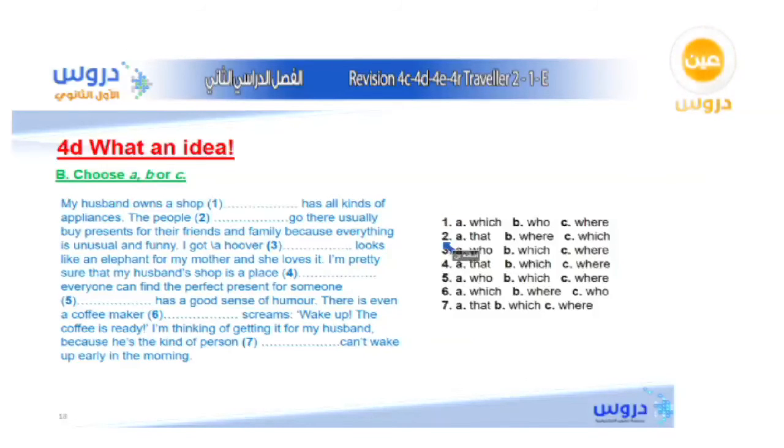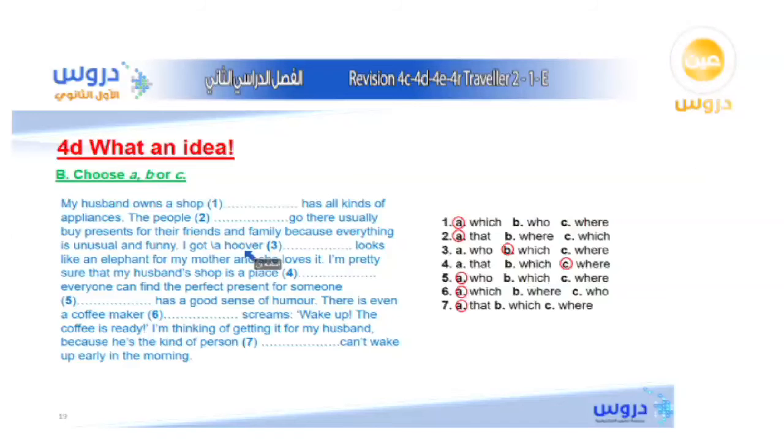Also here, from number 1 until number 7, you have to choose A, B, or C: which, who, where, and it depends on the sentence. We start here with the first paragraph. My husband owns a shop which has all kinds of appliances. The people that go there usually buy presents for their friends and family because everything is unusual and funny.